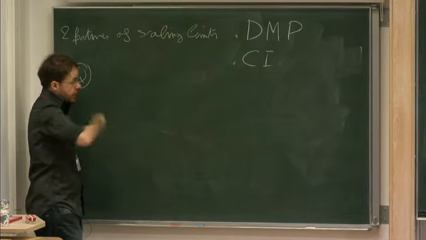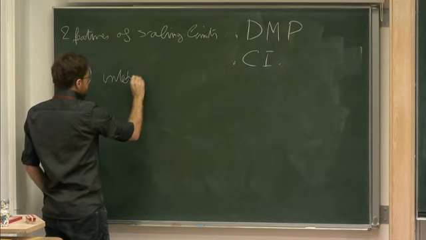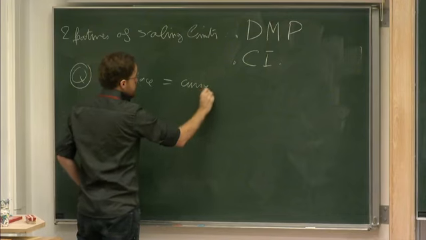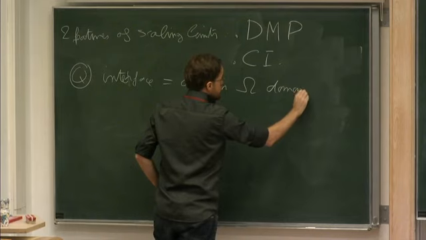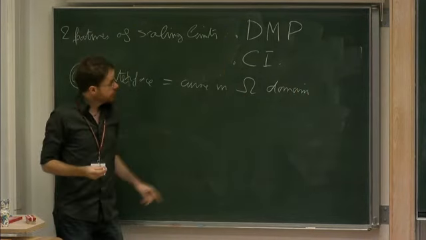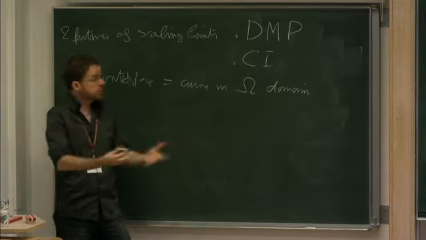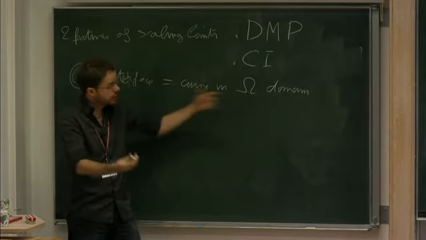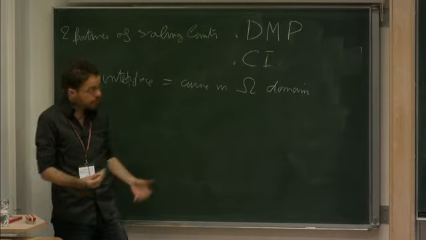And the question is, if you have some interface model, which means a curve in a domain omega, which is random, which satisfies the domain Markov property and which has some conformal invariance in the sense that if you define it in some other domain, you get the same thing as if you mapped omega by a conformal map.